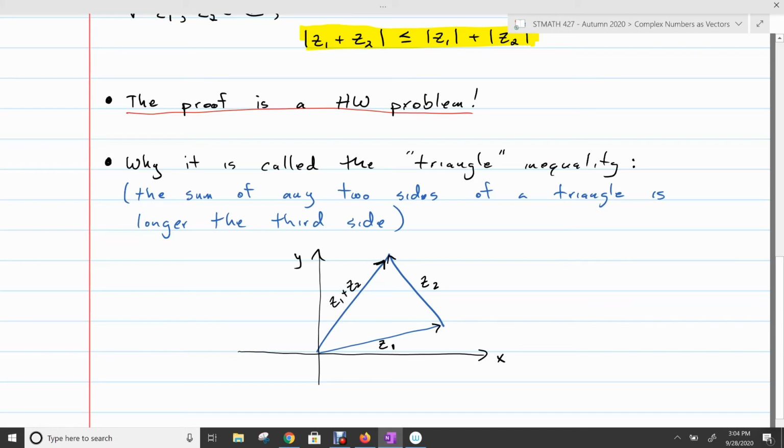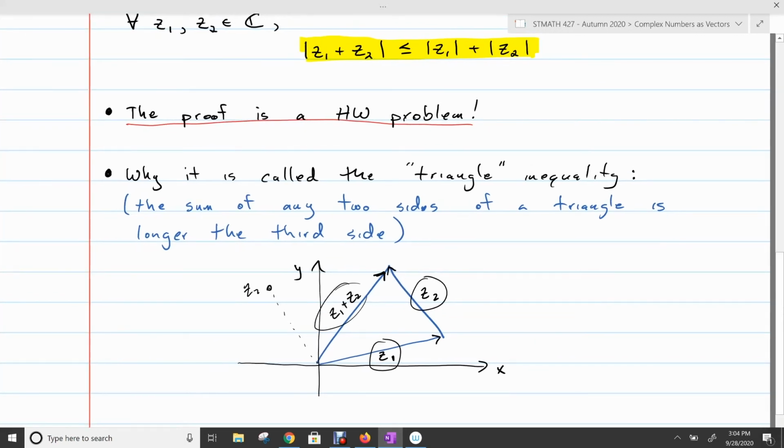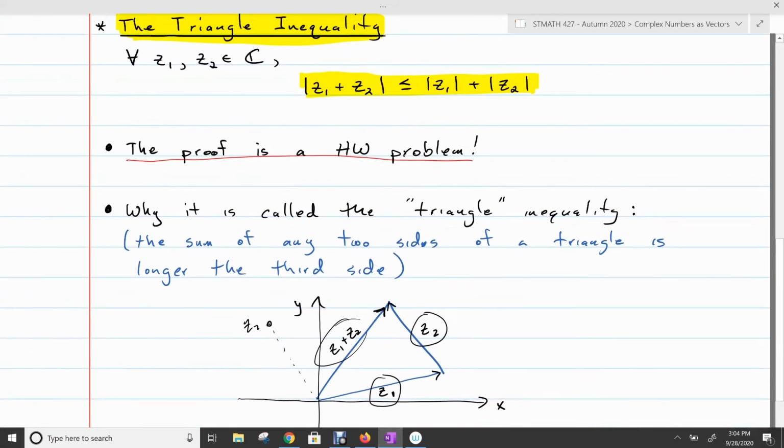Now, of course, I realize that if you graph the point z2, it would actually be over here somewhere, like this. But since we're thinking about it as a vector, we can scooch it over to the end of z1 to form that sum. So you can see that the sum of these two sides of the triangle has to be longer than this third side over here. So it really is a triangle. They called it the triangle inequality for a good reason.